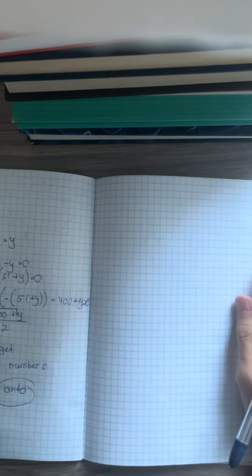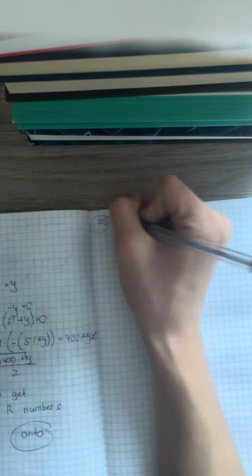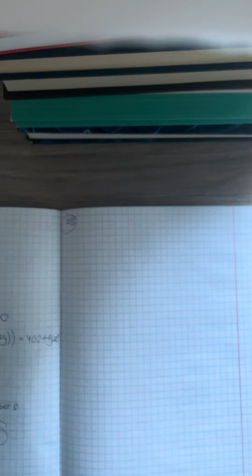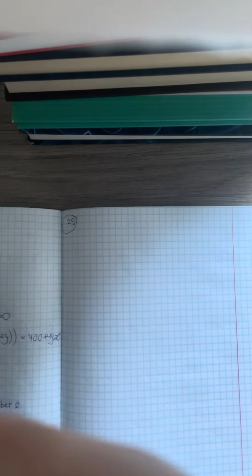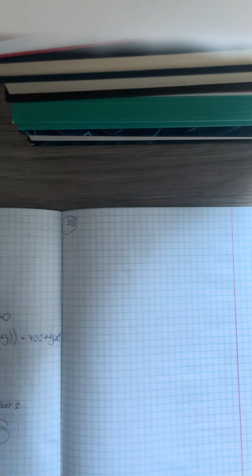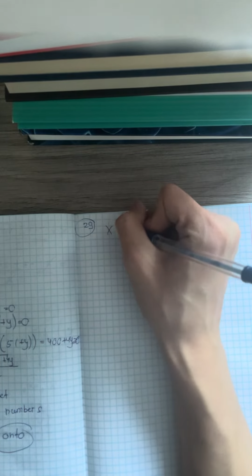The next task is 29. Let X be the set of a, b, c, and Y be the set of 1, 2, 3, 4.